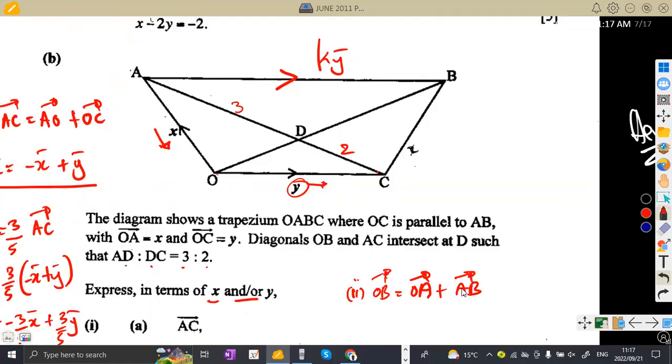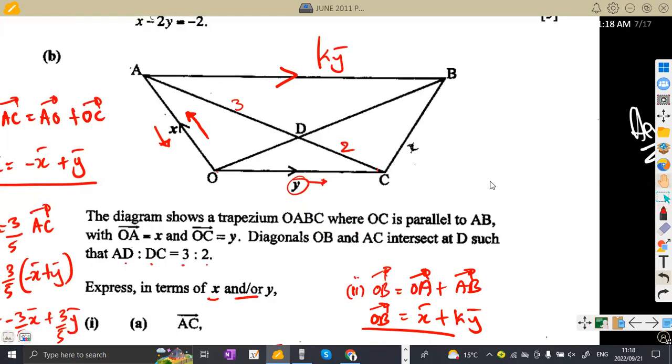I think we can have our OB from this part. From O to A, we are maintaining the arrow this time. We are going in this direction, so it's a positive X, plus AB, we are maintaining the arrow again, so it's going to be as it is, k vector Y. So this was your vector OB. We're done.